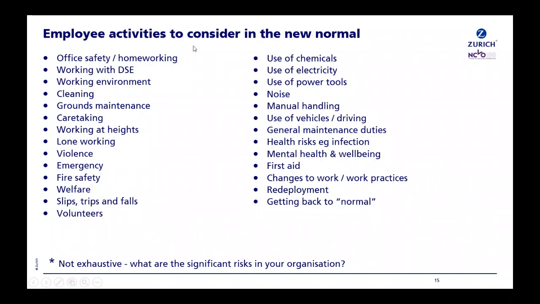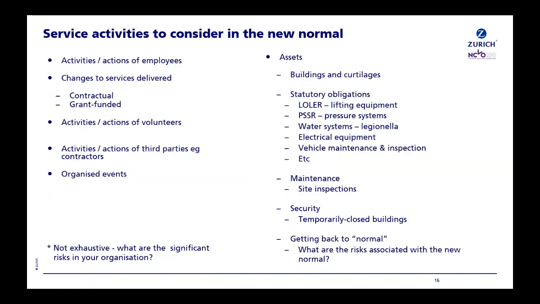In terms of non-employee based examples, we've listed a few here. So service activities to consider in the new norm. So the activities or actions of employees on service users, the activities and actions of volunteers, exactly the same health and safety legislation applies. Actions of third parties, so that might be your contractors.